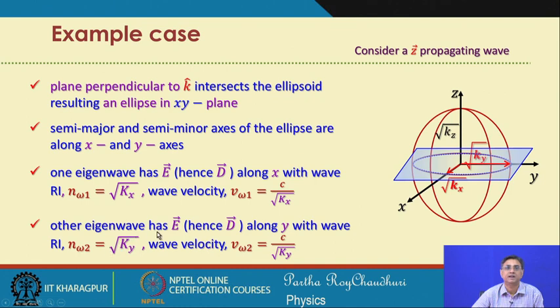The other eigen wave has the electric field E, and hence the D, along the y axis, and the refractive index seen by this wave, which is travelling along the z direction, will be equal to under root of k y. The wave velocity for this wave will be c by under root of k y.